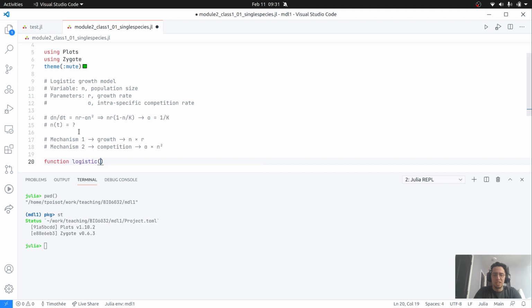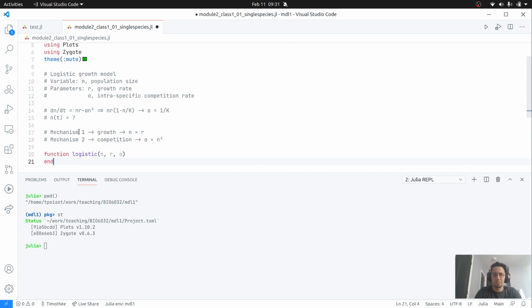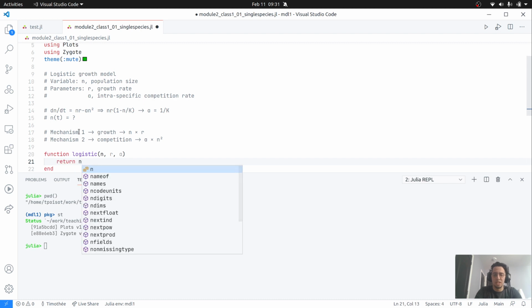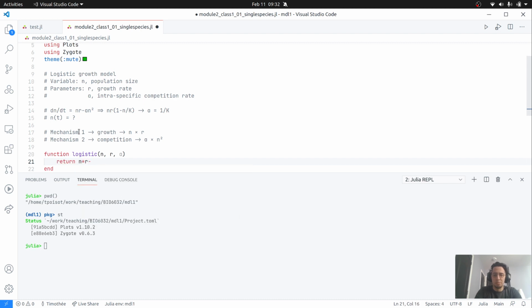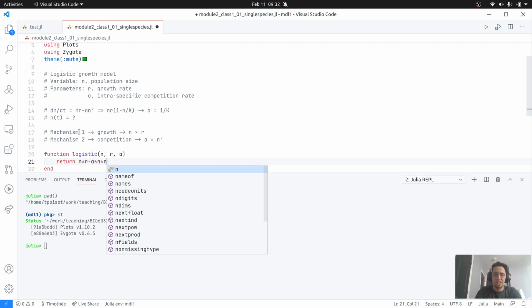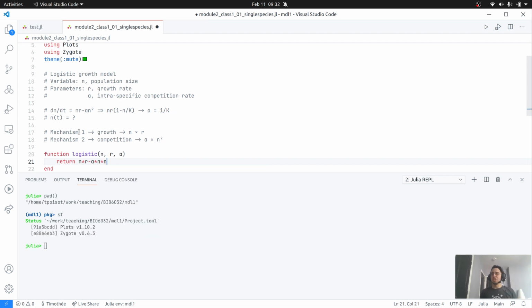And this function needs arguments that are going to be n, which is the population size, r, which is the growth rate, and alpha, which is a competition rate. And it is going to return n times (r minus alpha times n). So this function gives us the time derivative of n.